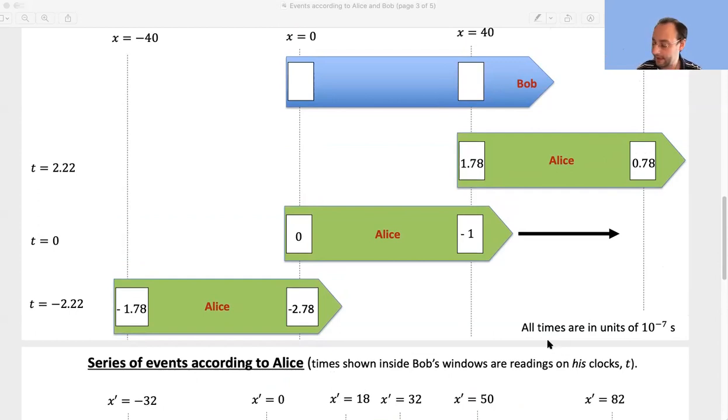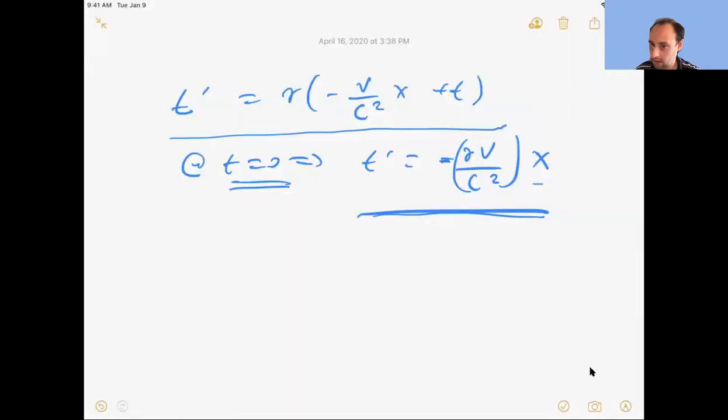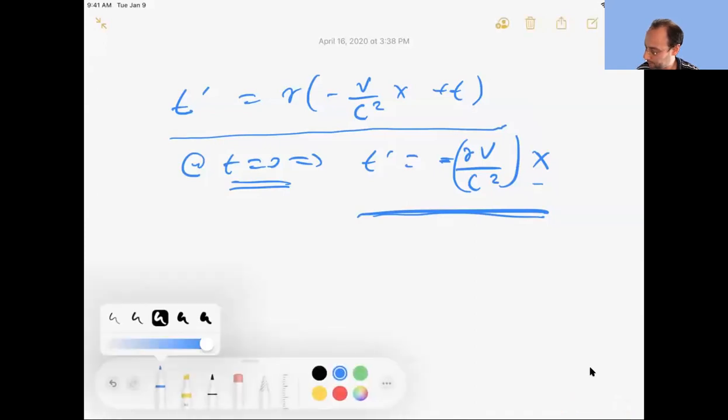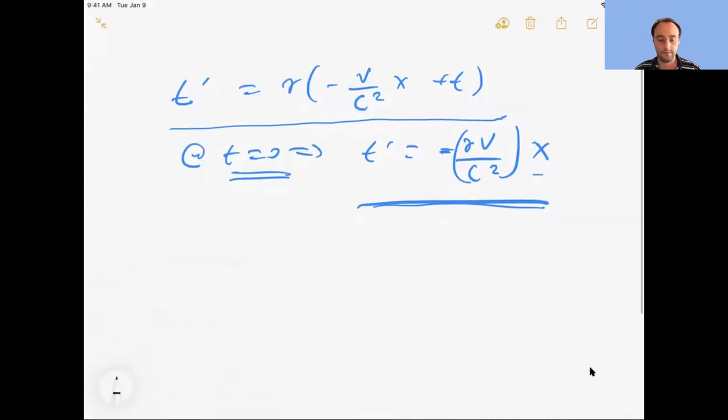And we can see this from the Lorentz transformation. I want to show you something. So I'm going to again switch to my iPad. Let me use a black color. Okay.